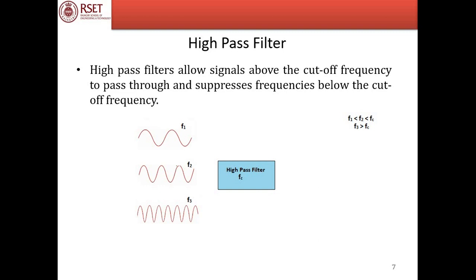We have defined a high pass filter such that it passes signals with frequencies greater than Fc. So here it is clear that only the third signal has a frequency greater than the cutoff frequency Fc. So we know that at the output we will get only the third signal with frequency F3. A high pass filter can be considered as a logical mirror of the low pass filter.